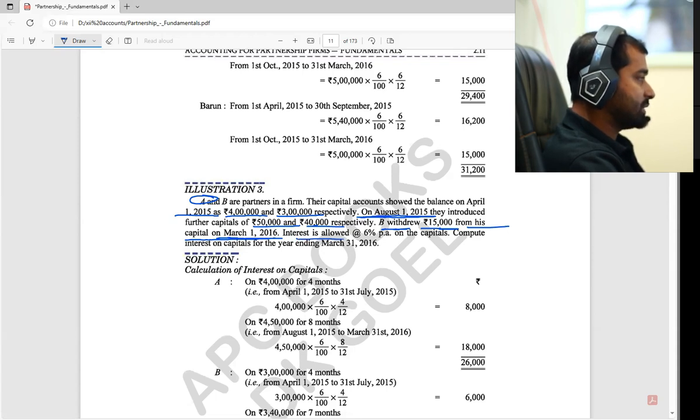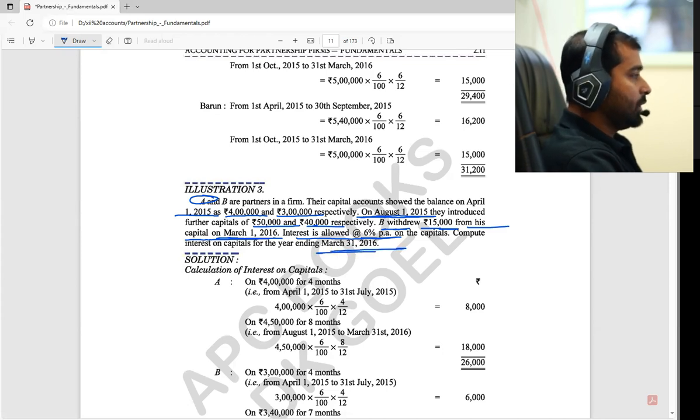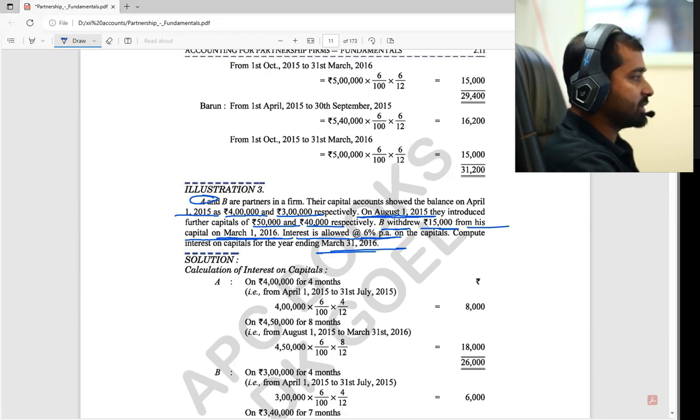Interest allowed 6% per annum. Compute interest on capital for the year ended 31st March 2016. B withdrew 15,000 on 1st March 2016, so that means just 1 month, 1 by 12.